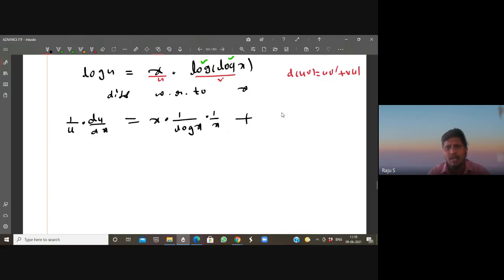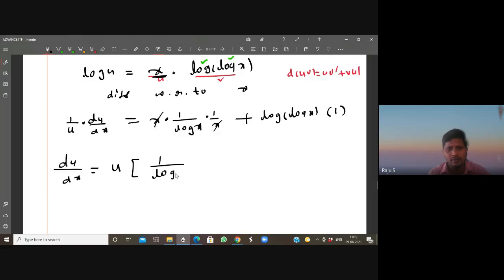Okay, that u v dash is completed. Now v is log of log x, and the derivative of x with respect to x is 1, that is u dash. Now du by dx is equal to u, cross multiply. Now this x gets cancelled: 1 by log x plus log of log x.